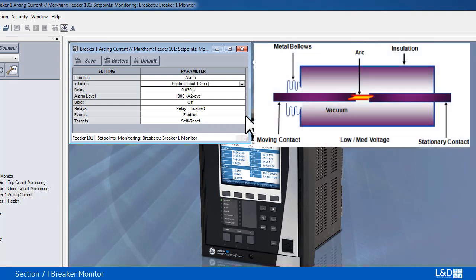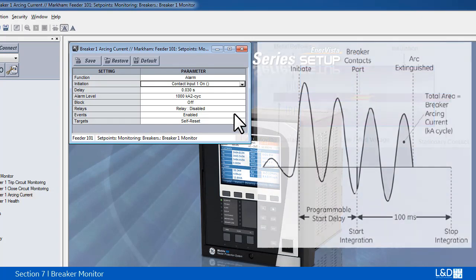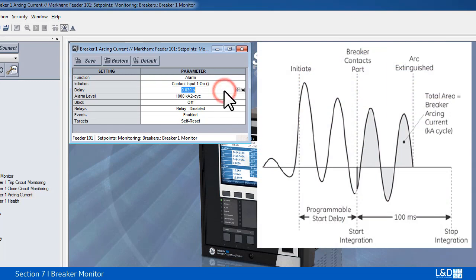In order to subtract the arcing current through the pure breaker metal contacts, a programmable delay is introduced between initiation and starting of the integration to prevent false integration. This interval should include the operating time of the output relay, any other auxiliary relays, and the breaker opening.